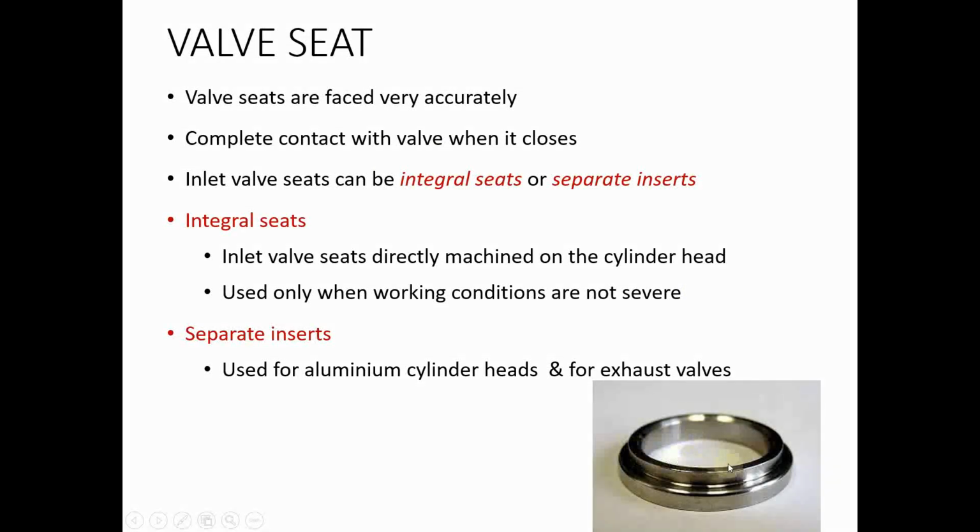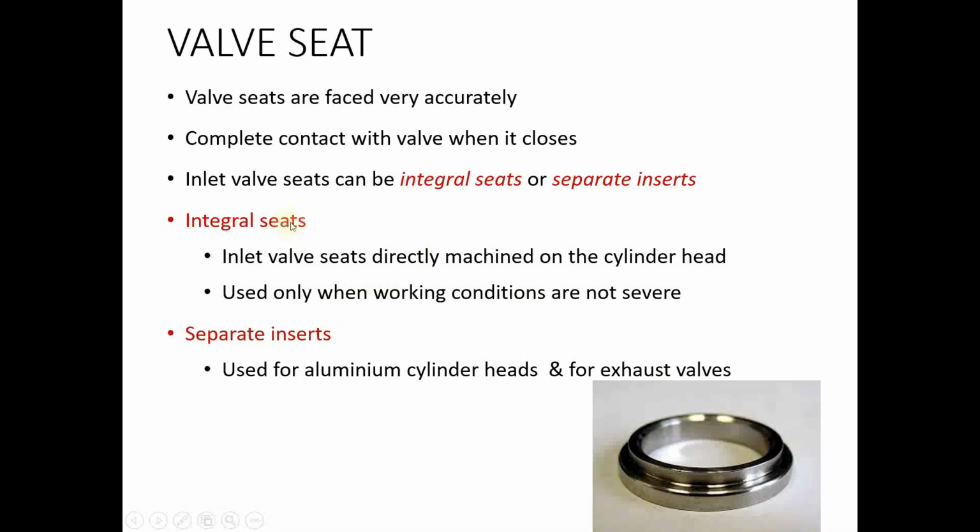You can see here the valve seat that was mentioned earlier. It is a ring-shaped structure that is press fit into the hole that is drilled in the engine cylinder. So valves come and sit on these valve seats.